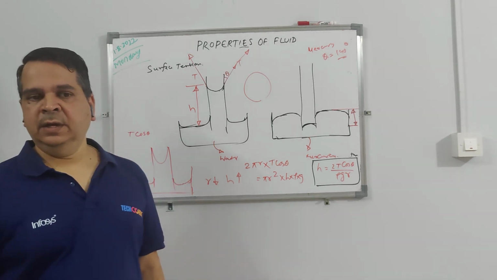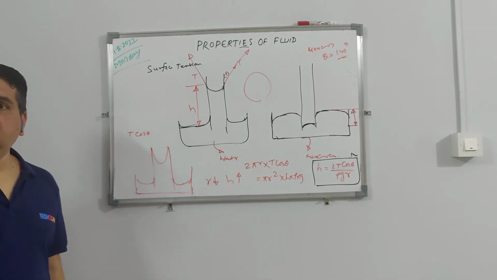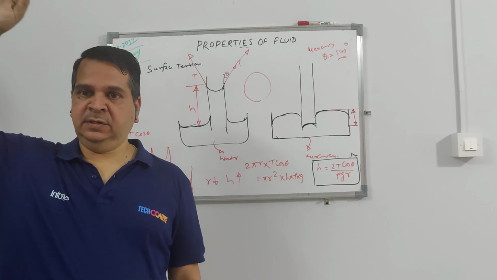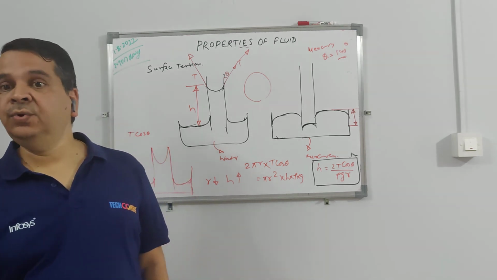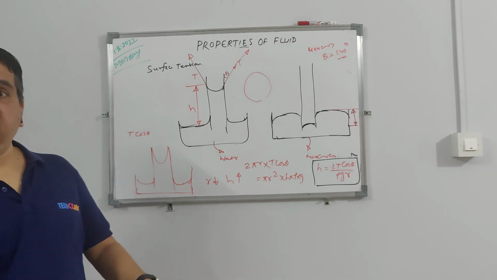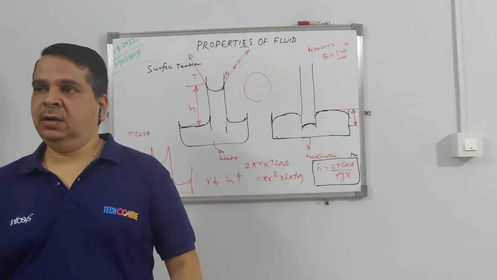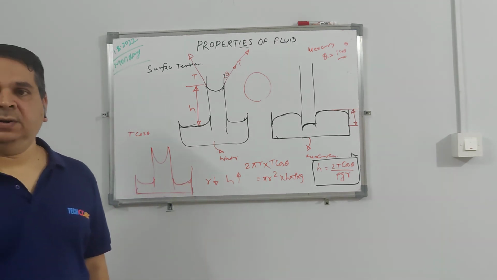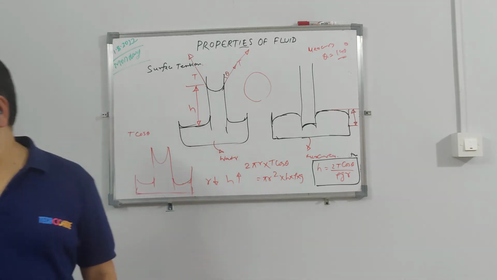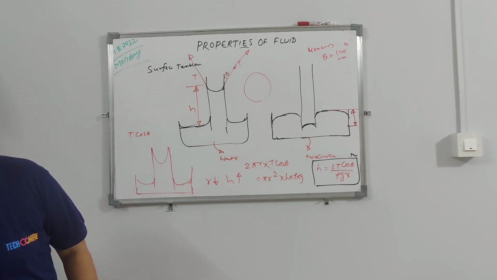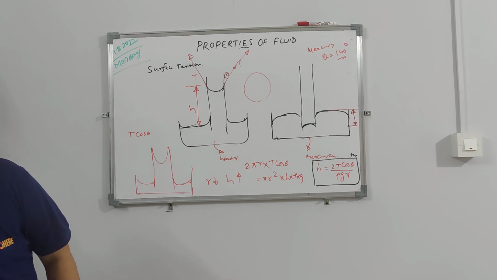The water flows from bottom to top to the leaves through these roots, which are very small capillary tubes. Because of capillary action only, it flows throughout the tree. So these are some of the important real world applications of capillary action, I mean surface tension.